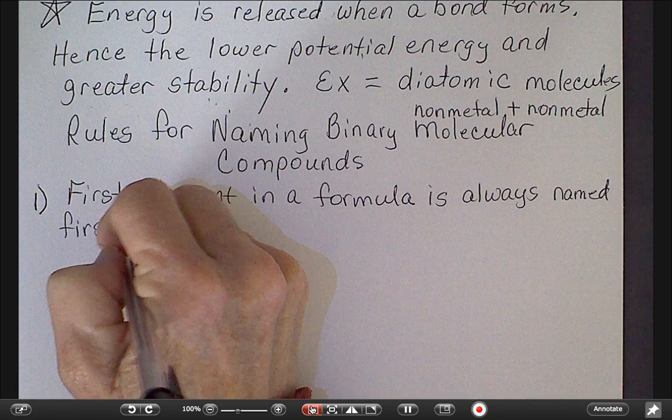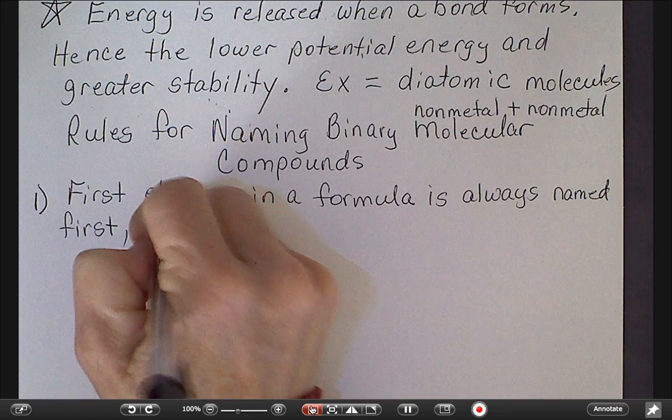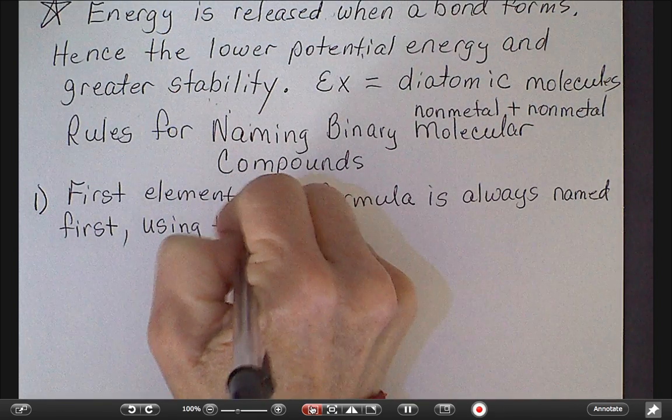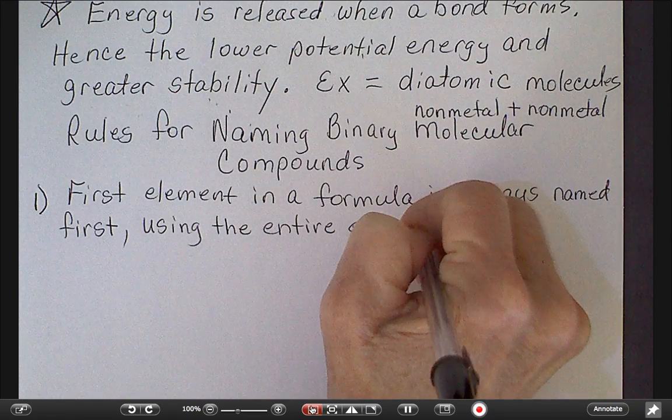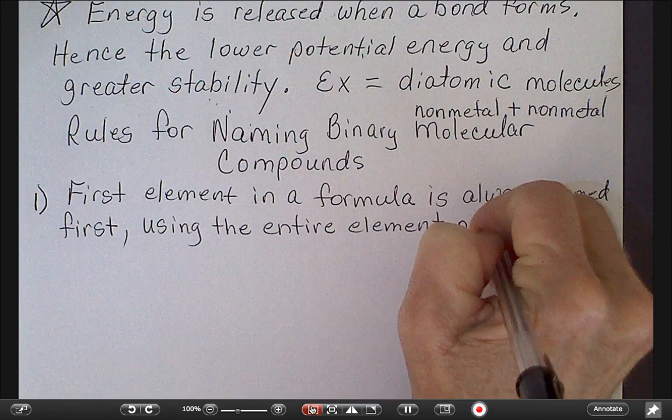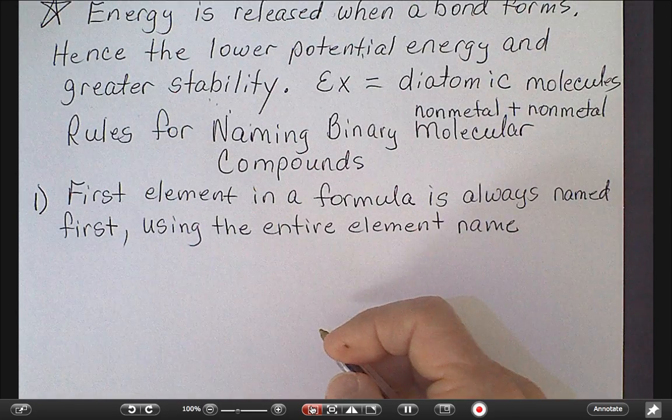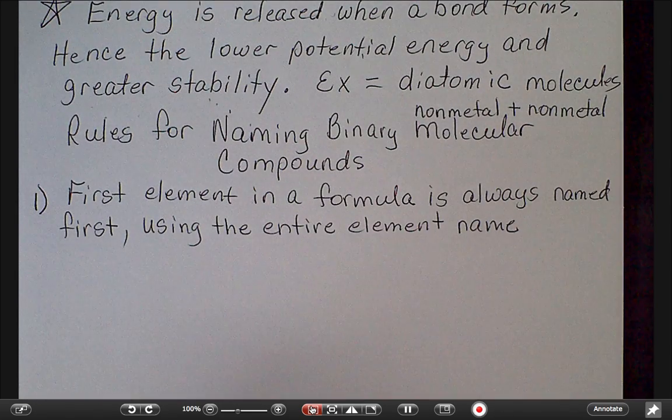Using the entire element name. Okay, if you look right up there above the zigzag, carbon, entire element name: nitrogen, silicon, phosphorus, oxygen, sulfur, arsenic, selenium, tellurium, fluorine, chlorine, bromine, iodine.